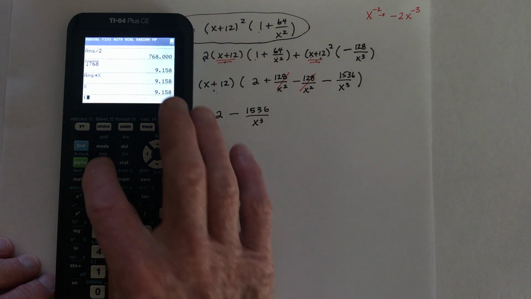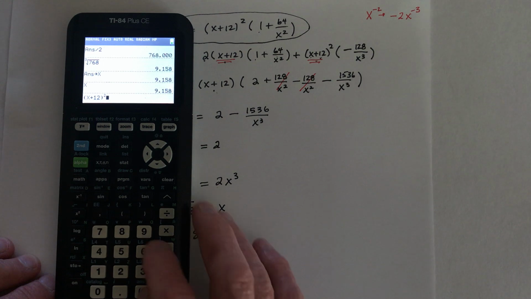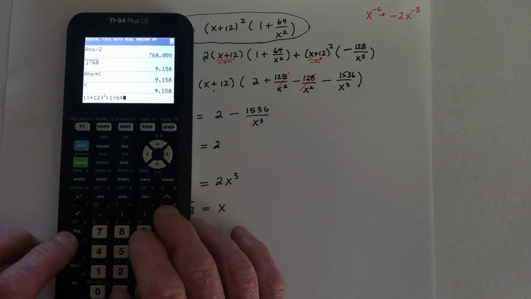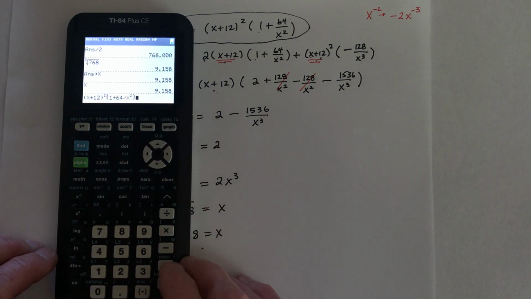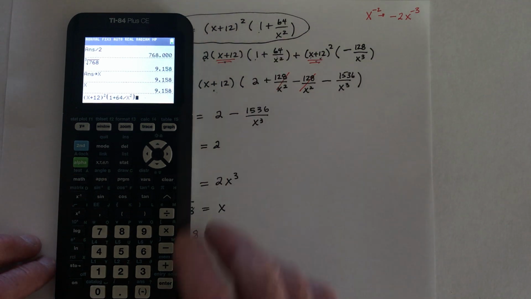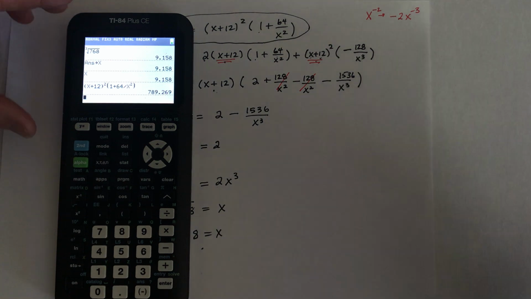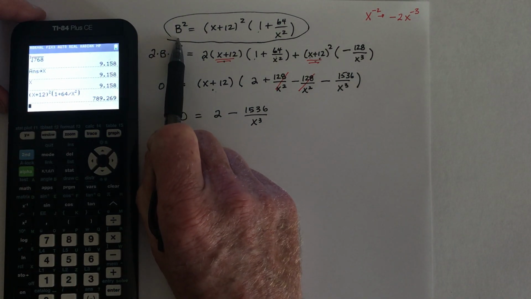So (x + 12) squared, times (1 + 64 divided by x squared). So I'm just using this right here with the x's. And it turns out to be 789, but keep in mind that's what b squared equals.